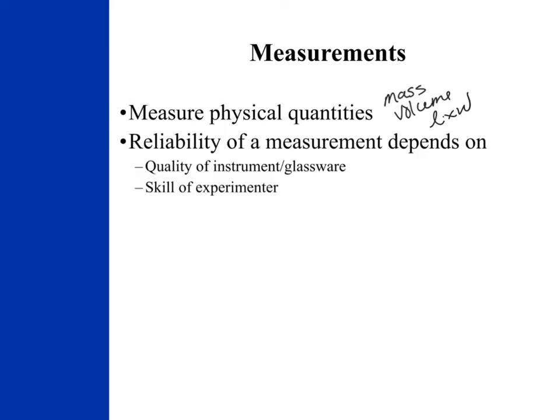And the reliability of those measurements depend on two things, both the quality and the accuracy of the instrument or glassware that you're using, and the skill of the experimenter. We understand that many of you have not used some of the glassware and equipment that you'll be using in this course, and that's okay. There are instructions in Chapter 3 of the lab manual, and your TA is always there to help.